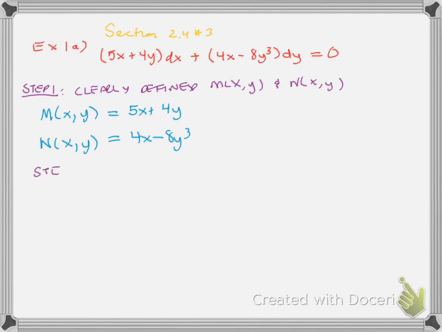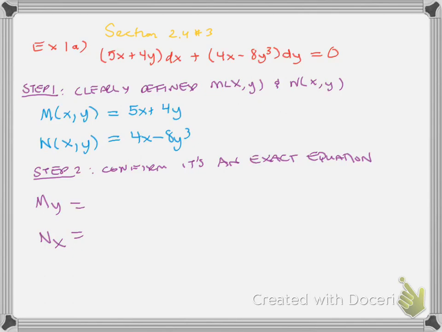Step 2: now we have to confirm it's an exact equation. How do we do that? We take the partial derivative of M with respect to y, and the partial derivative of N with respect to x, and if they are equal, then we have an exact equation, and we can continue.